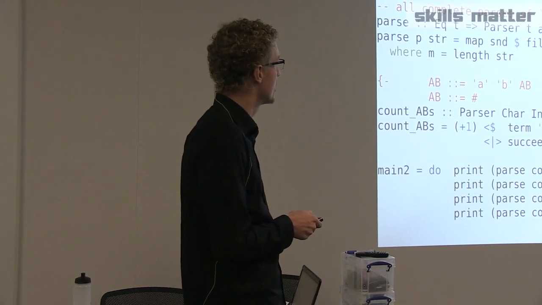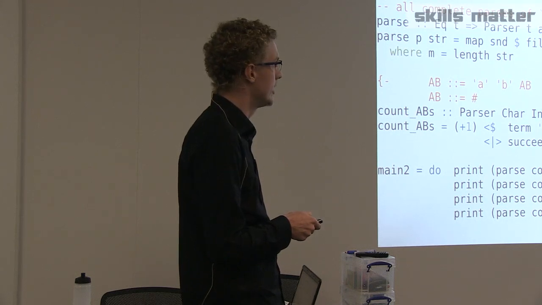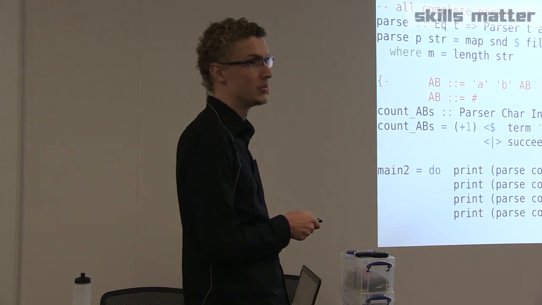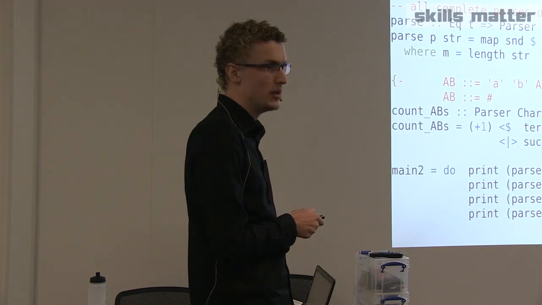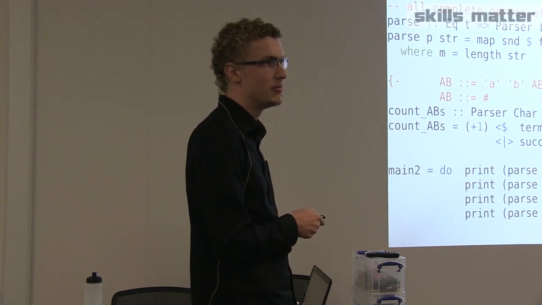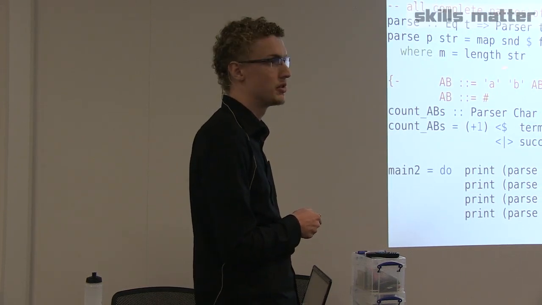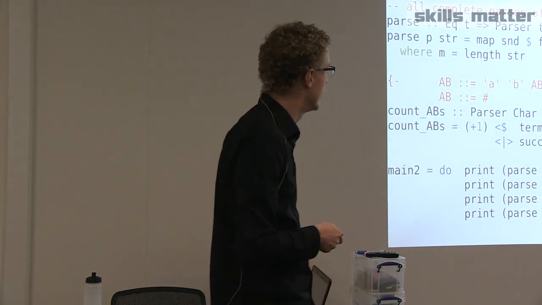So we run our parser with some given string and the initial pivot of 0. Then we filter all our results, so we only take the ones that have a pivot of m, where m is the length of the string. So we must match the string entirely.